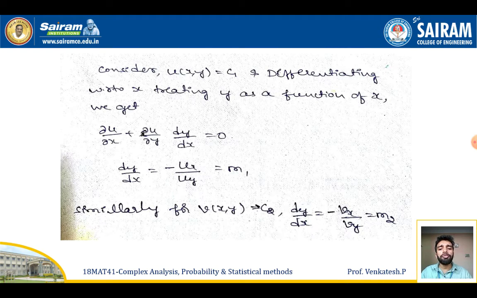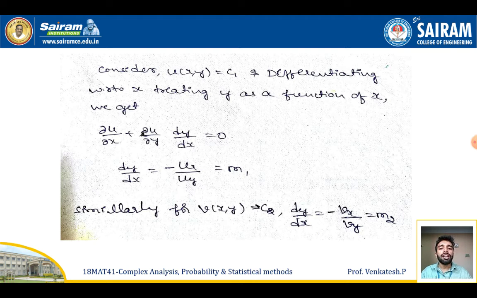Similarly, I am taking one more family of curves, v of x comma y is equal to c2, and I am going to differentiate that curve with respect to x, again treating y as a function of x. So I will get dou v by dou x plus dou v by dou y into dy by dx is equal to 0.